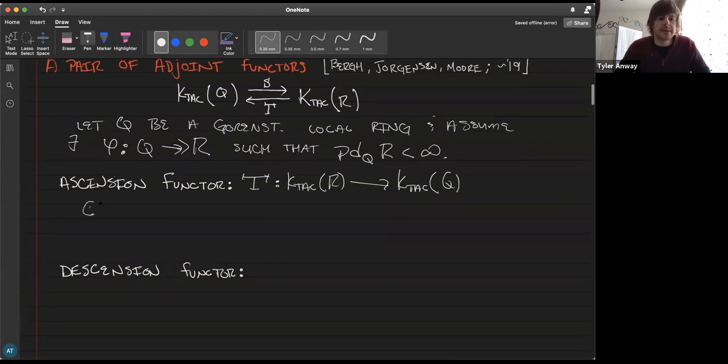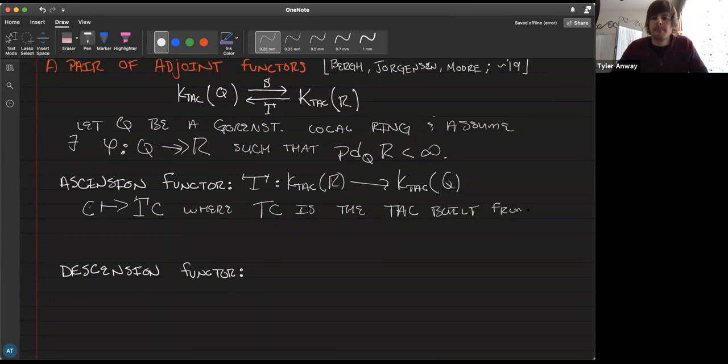We're going to take a complex C and map it over to TC, where TC is the totally acyclic complex built by viewing the image of the zeroth differential of the complex C as a Q module.